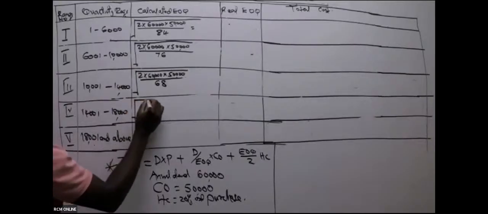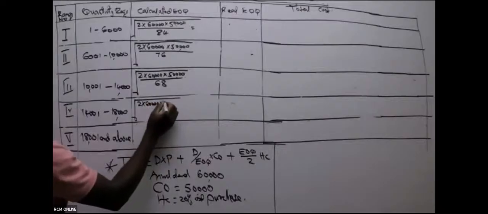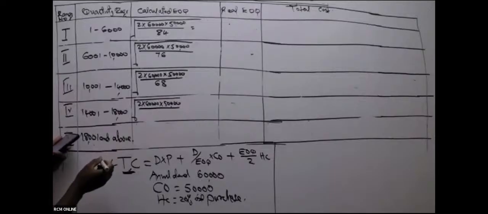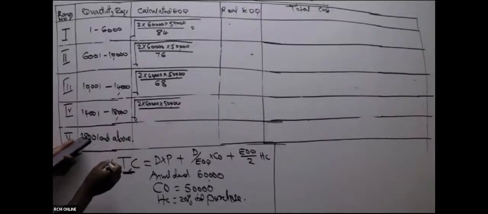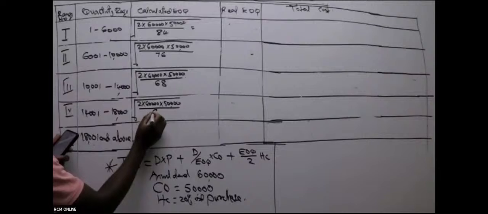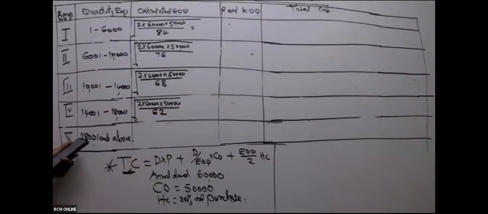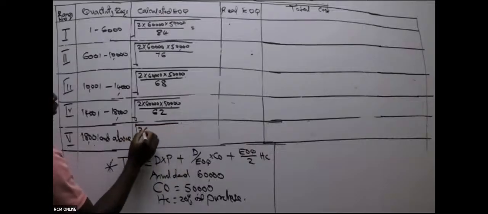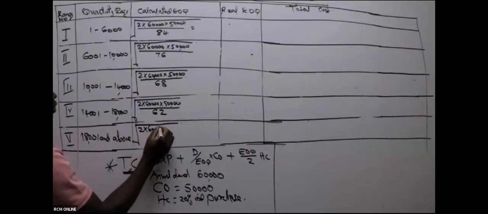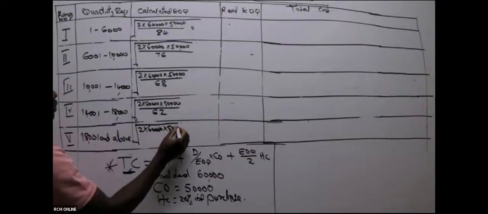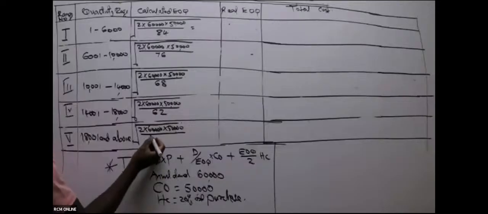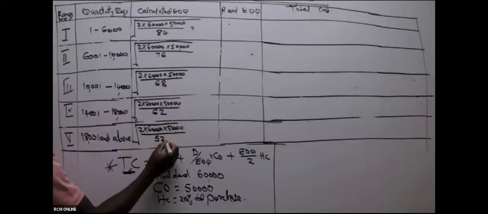Then we go to the next one. 2 times 60,000 times 50,000 divided by 20% of 310. Is it 62? And then the last one, 2 times 60,000 times 50,000 over 20% of 260. Is it 52?